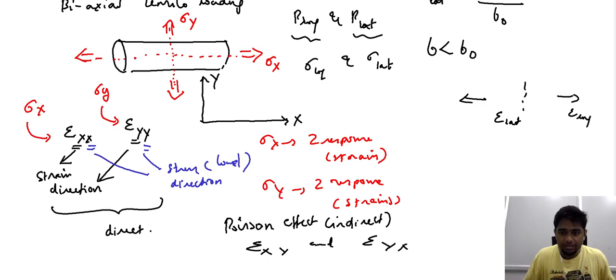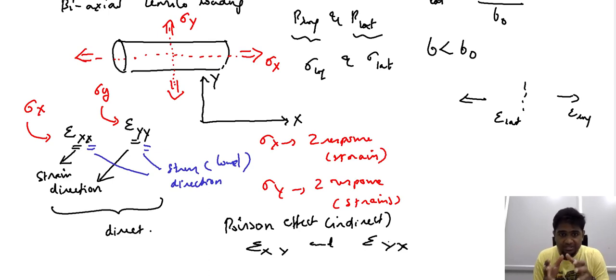So ultimately we have four different responses offered during biaxial tensile loading. Two of them are direct responses, two of them are indirect responses that are rendered by the Poisson's effect. The direct responses have the same subscript, whereas the indirect responses have different subscripts.